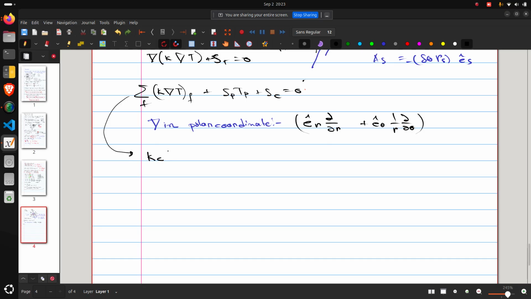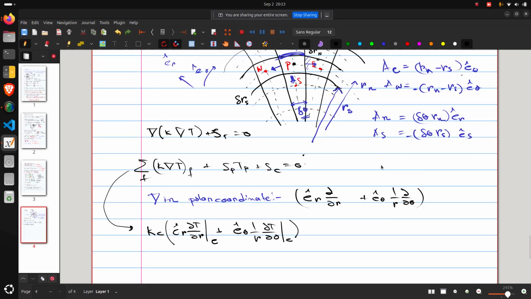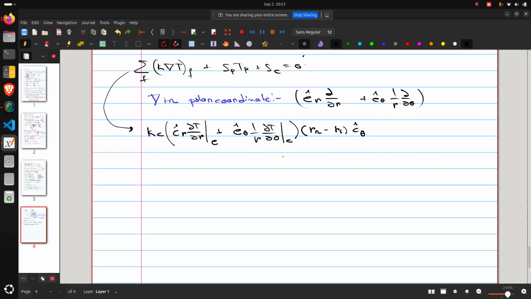So K east, then E cap R dou T by dou R at east face plus E cap theta 1 by R dou T by dou theta at east face. And what is the area? We will have an area vector also, right? So A east is nothing but Rn minus R south, E theta cap. This is for the east face, right?